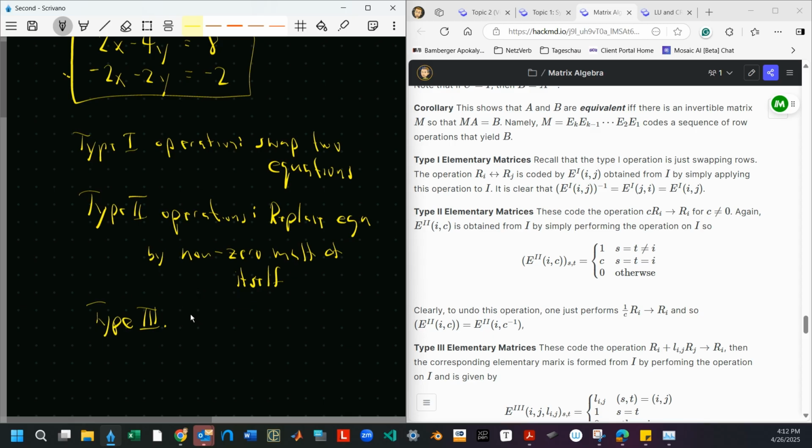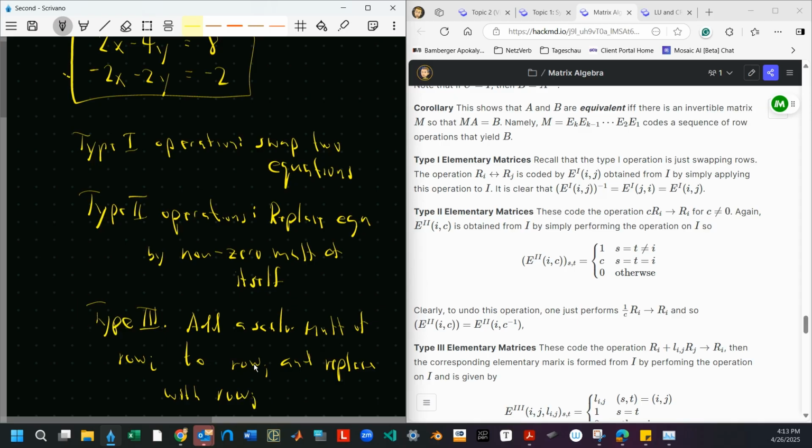And so what I want to do is add a scalar multiple of, say, row i, or equation i, to row j, and replace the result with row j, or equation j, right?